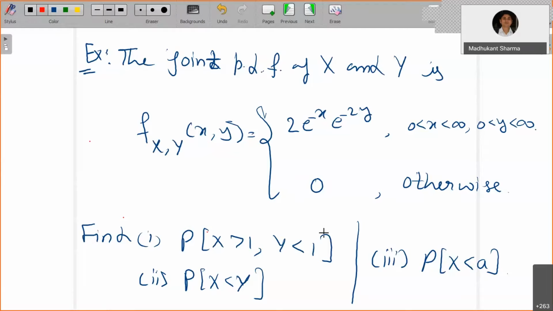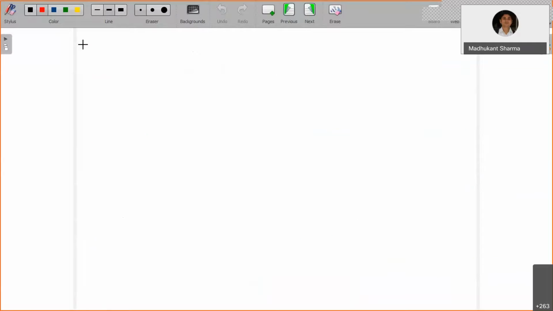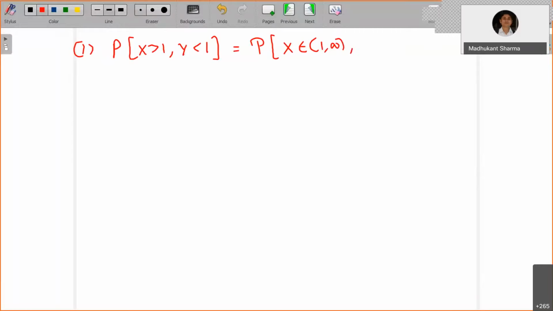For the first part, I am interested in finding the probability of X greater than 1 and Y less than 1, the joint probability. Written in the form of intervals, X belongs to (1, infinity) and Y belongs to (minus infinity, 1).